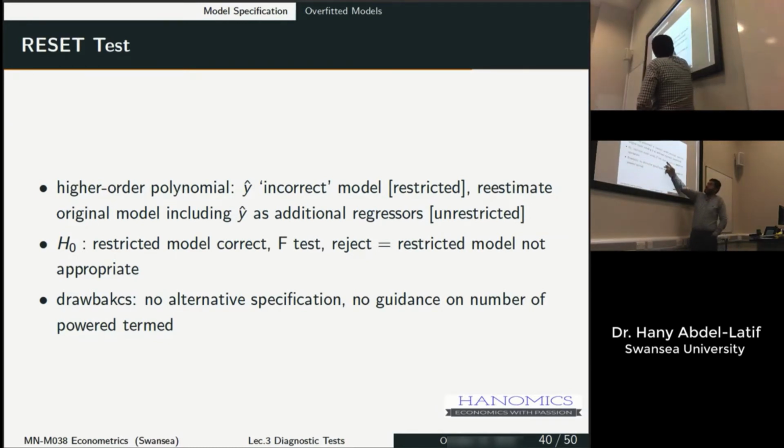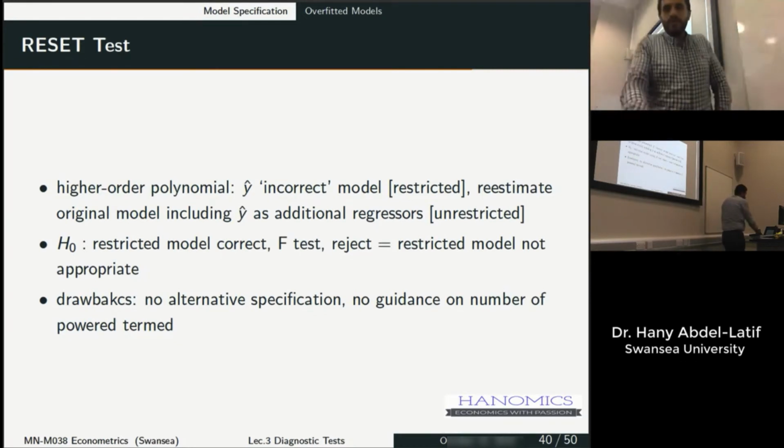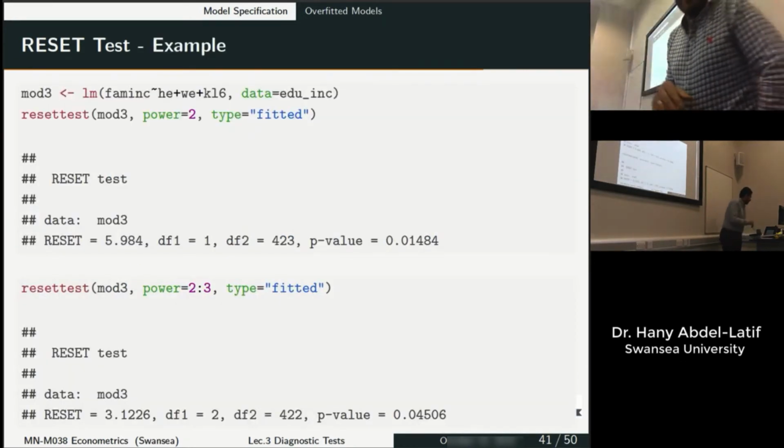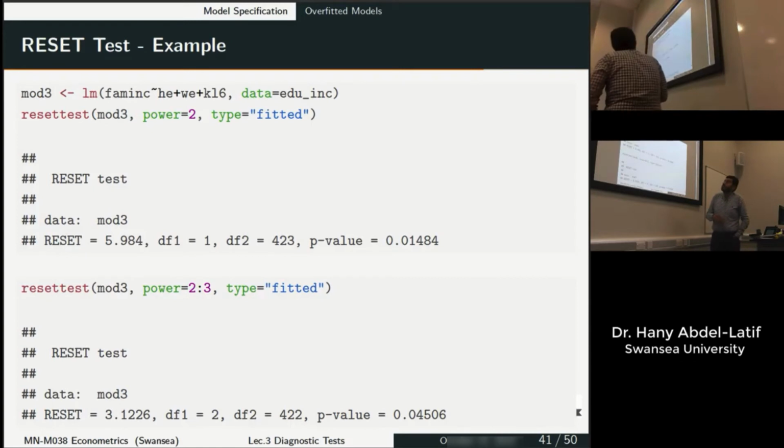So if you reject, that means the model you have doesn't have the correct form, or it's not correct. In that case, let me show you an example. In this case, I estimated the same model.